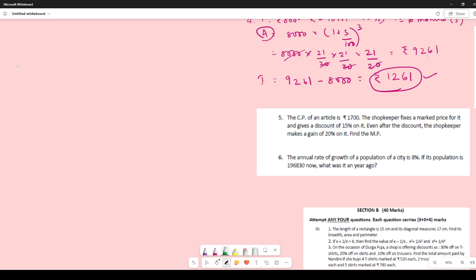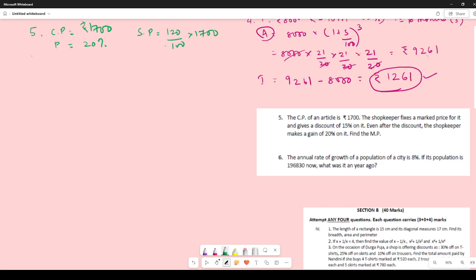So the information which is given to us over here is that CP is equal to rupees 1700, right? Profit still made on the CP is 20%. So that means SP is equal to 120 by 100 into 1700, right?